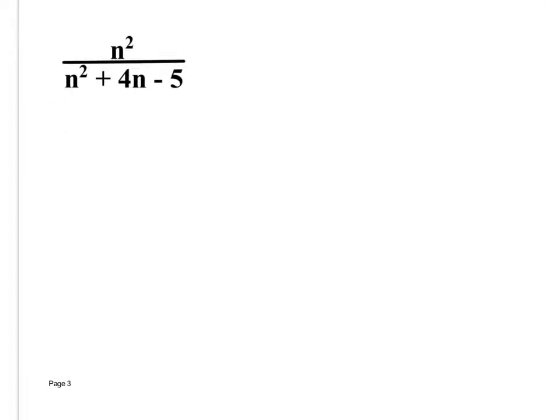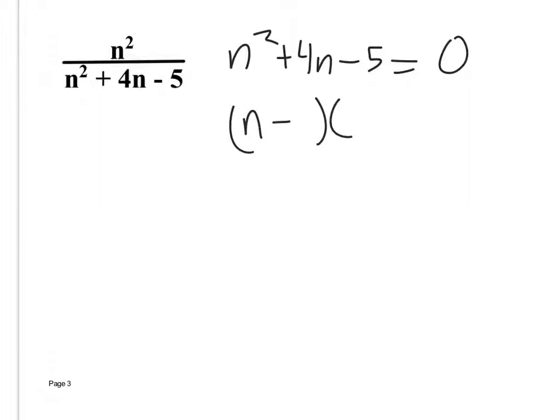All right, let's do a couple more. Write this one down. So here, I want to state the excluded values, so I want to set this equal to 0. n squared plus 4n minus 5 equals 0. Well, what adds to give me positive 4 and multiplies to give me negative 5? 5 and 1.